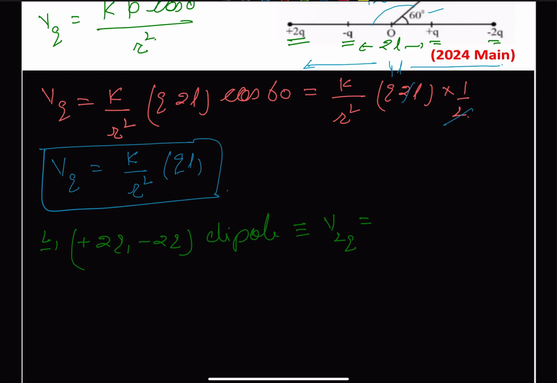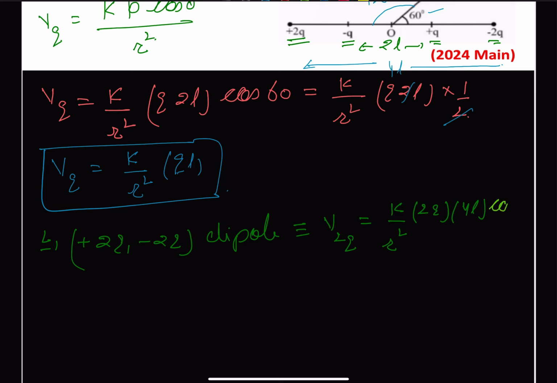So we can say this will be K upon R square, and P is over here 2Q multiplied by 4L, and the angle is cos of 60.